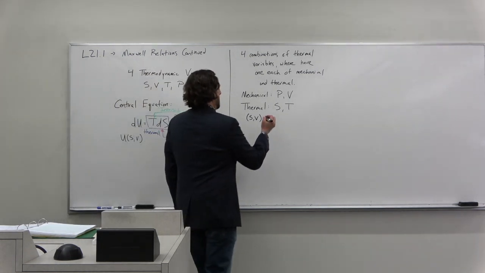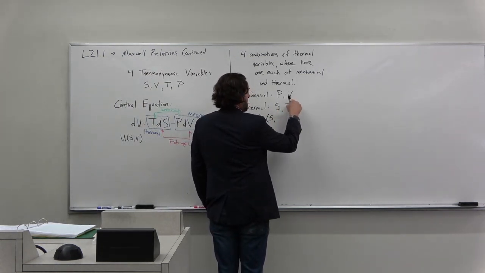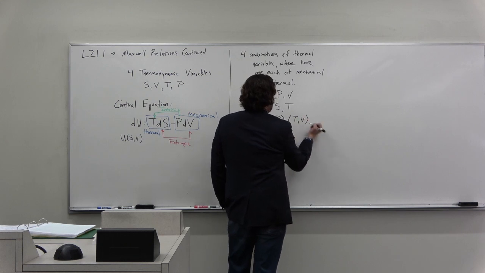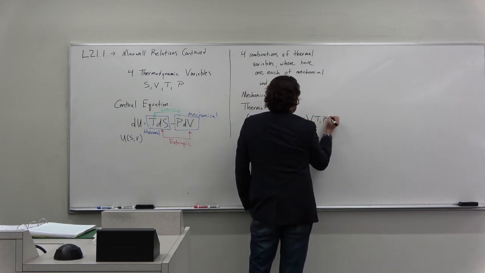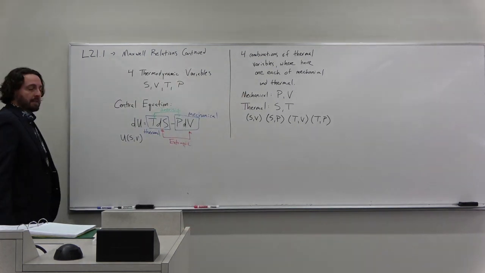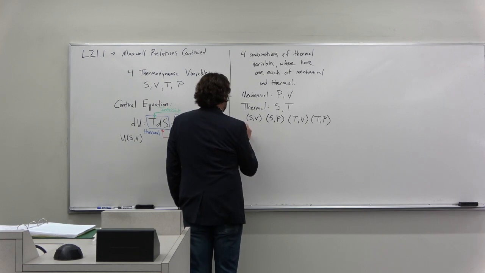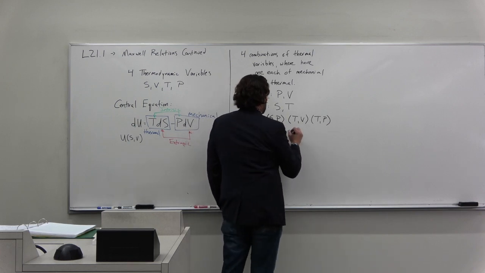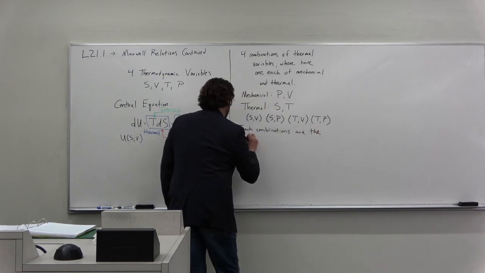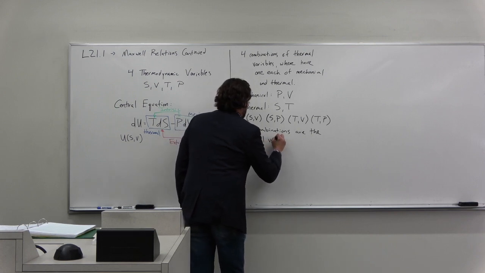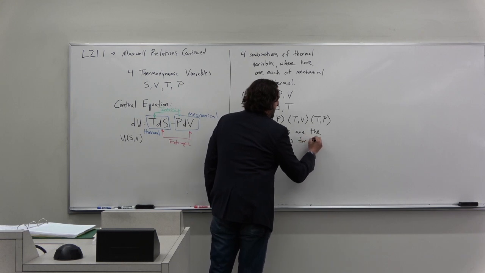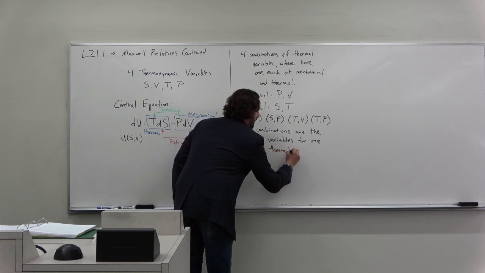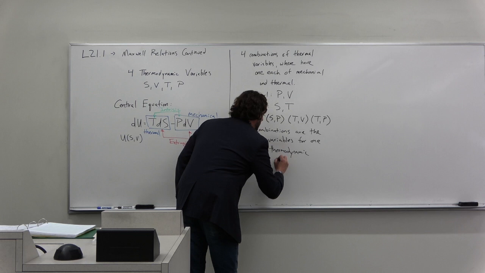We can do S, and instead of V, that's going to be P. We can do T and V, or we can do T and P. And so each one of these combinations are the natural variables for one of the thermodynamic potentials.